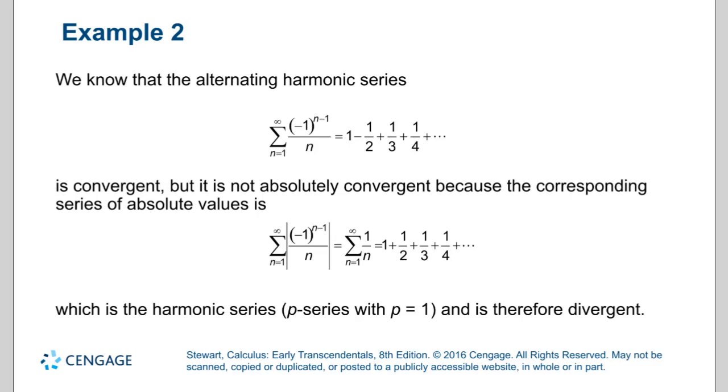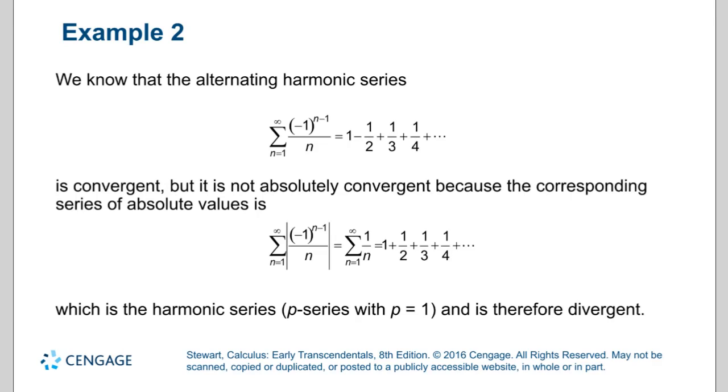The next series we're going to look at is the alternating harmonic series. We know this one is convergent because we did the test in the alternating series test. However, if I take the absolute value of the alternating harmonic series, I get the harmonic series, which is a p-series with p equal to 1, and we know that is divergent.